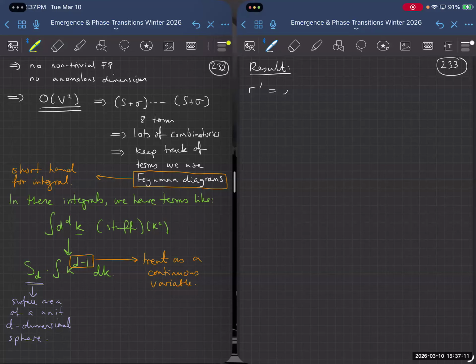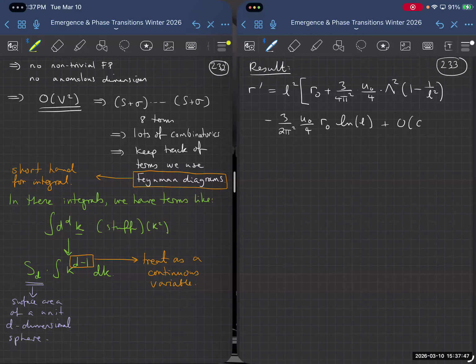R prime is L squared times R naught plus 3 over 4 pi squared U naught over 4 lambda squared times 1 minus 1 over L squared, minus 3 over 2 pi squared U naught over 4 R naught times the logarithm of L, plus terms of order epsilon U naught and higher order terms.